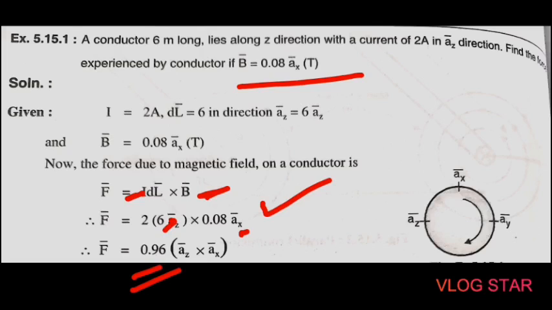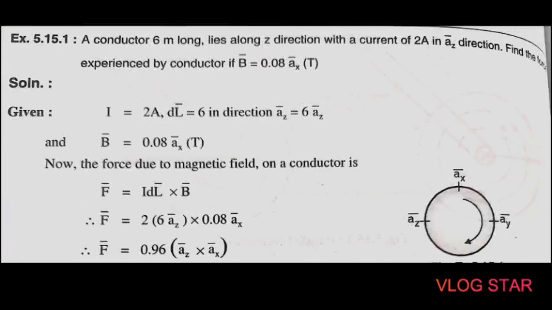So for this we can draw here one circle. Here X, Y and Z coordinates are present. Now here we have to take the cross product of AZ and AX bar. This is AZ and this is AX. Then the answer will be the third coordinate axis, that is AY bar.